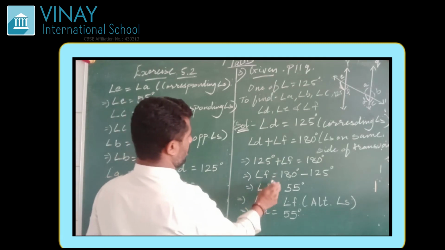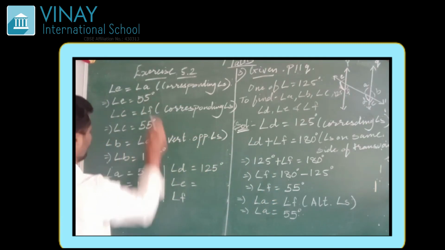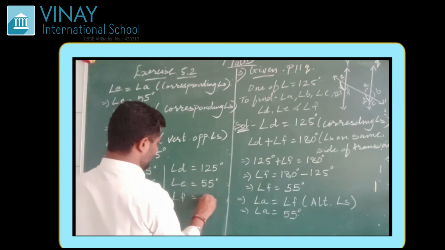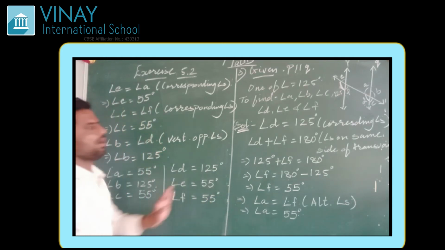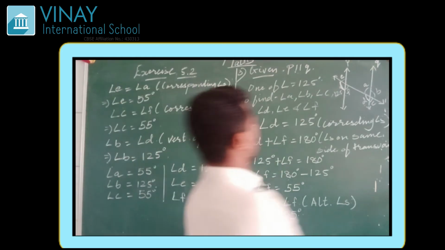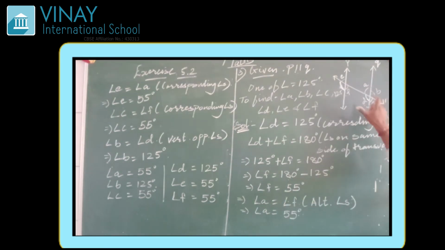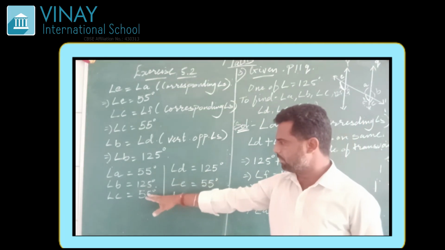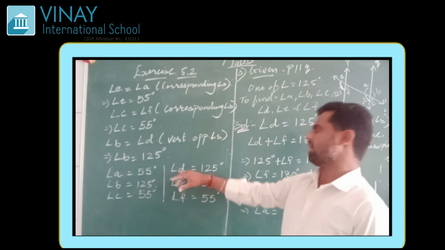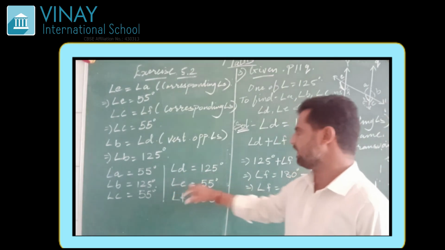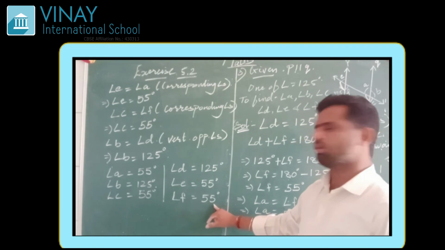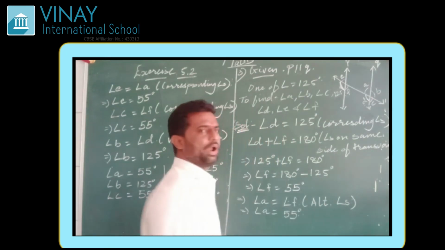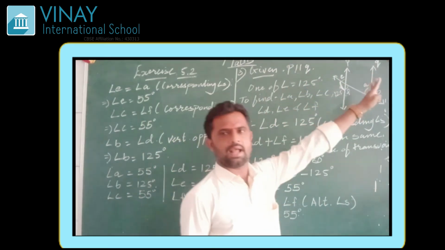Angle E we got 55 degrees, and angle F is again 55 degrees. So we got all the unknown angles: angle A 55 degrees, angle B 125 degrees, angle C 55, angle D 125 degrees, angle E 55 degrees, angle F 55 degrees. This we did by the properties of a transversal when it passes through two parallel lines.